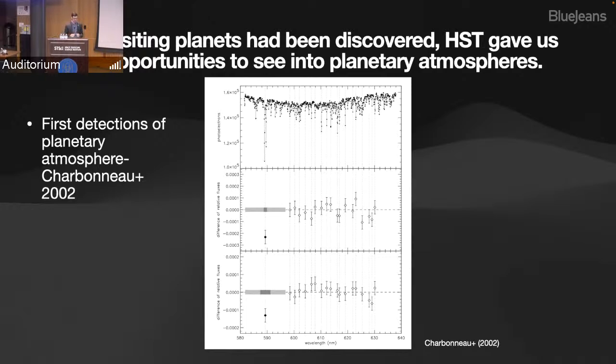Once they had binned those wavelengths, this feature at around 589 nanometers due to sodium gave the planet a slightly different radius in that wavelength bin than in all of the other bins. That told us there was something in the planet's atmosphere, so the planet looked a little bit different in that wavelength due to, in this case, a sodium feature.